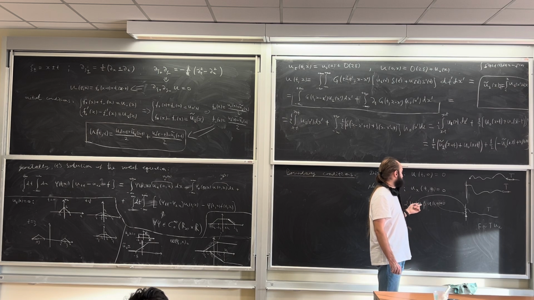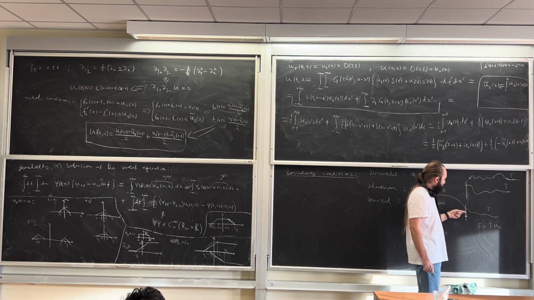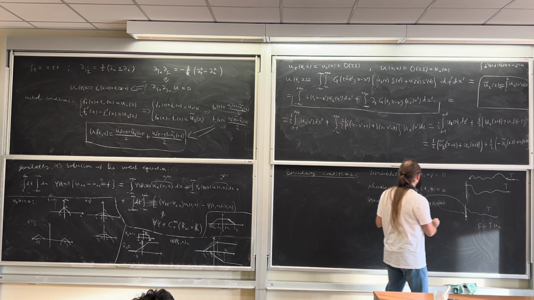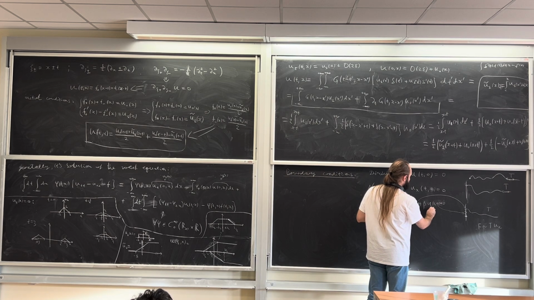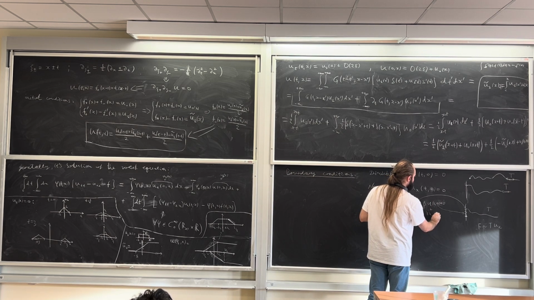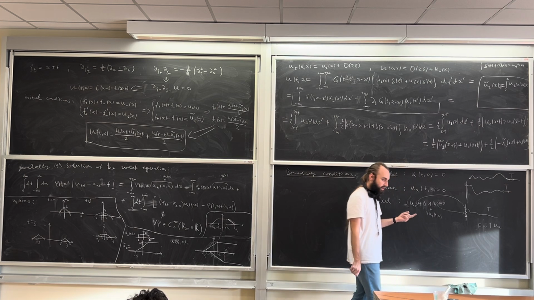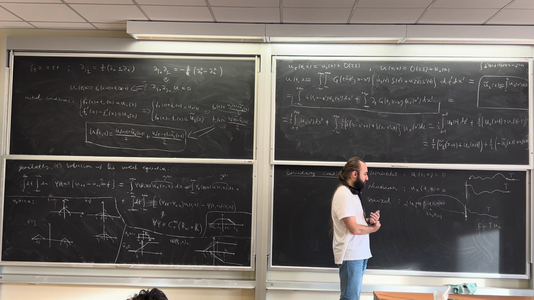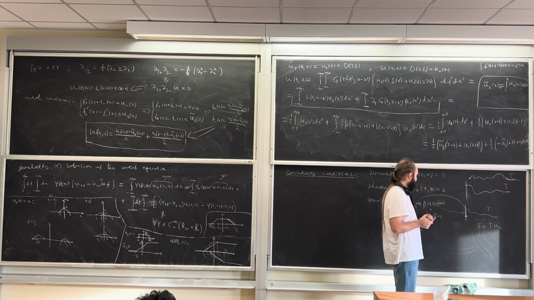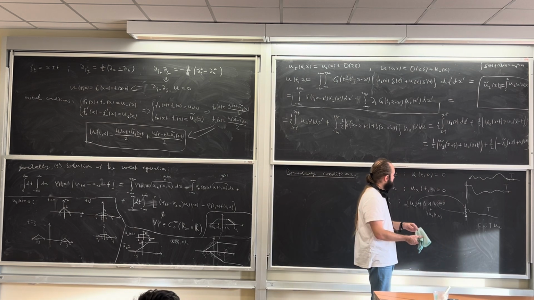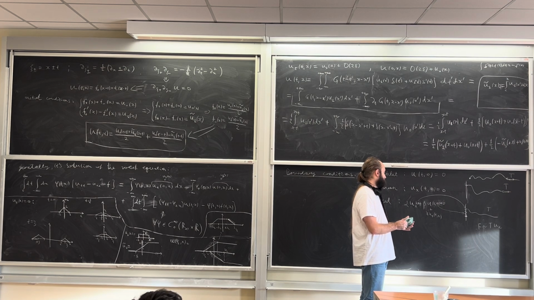Because, for example, we can imagine some boundary condition which will contain viscous friction here. So we can, in principle, add here plus some gamma u_t at (t, 0). It's not prohibited, and in principle we can consider such systems. The only problem is that it will eat the energy from the string.